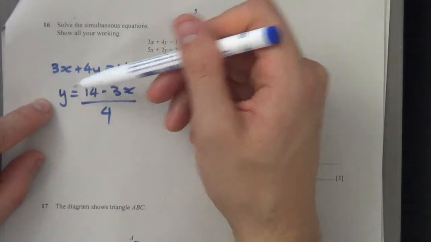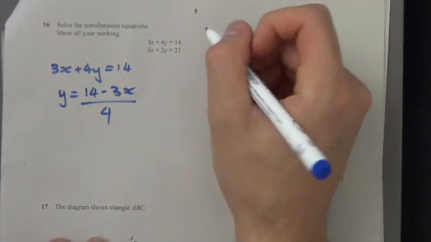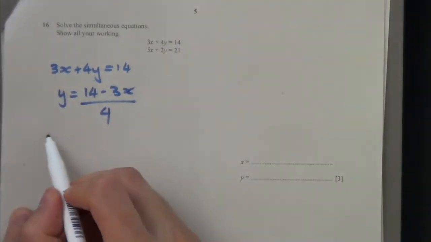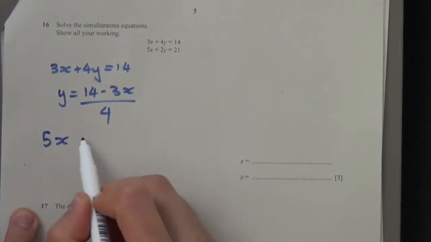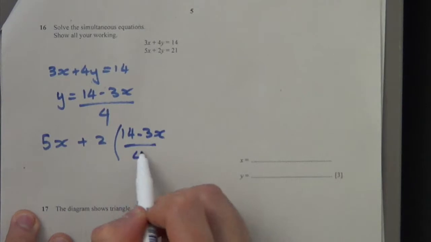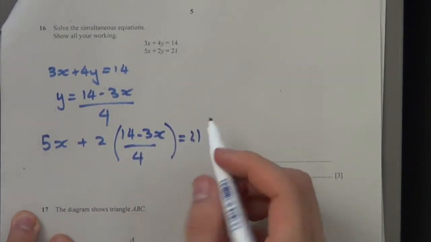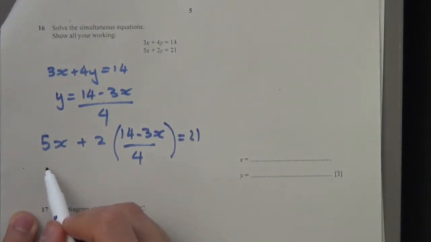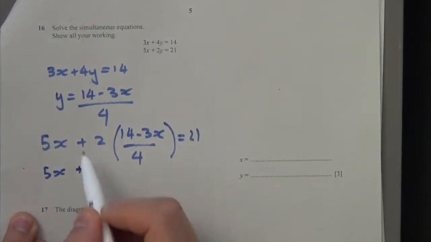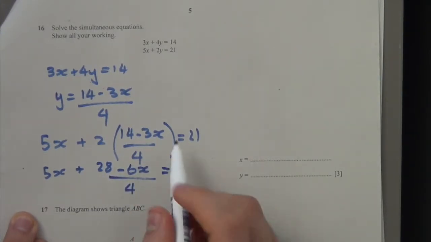Now I'm going to substitute this y into this equation, so it becomes 5x plus 2 times (14 minus 3x) over 4 equals 21. This is equal to 5x plus (28 minus 6x) over 4 equals 21.